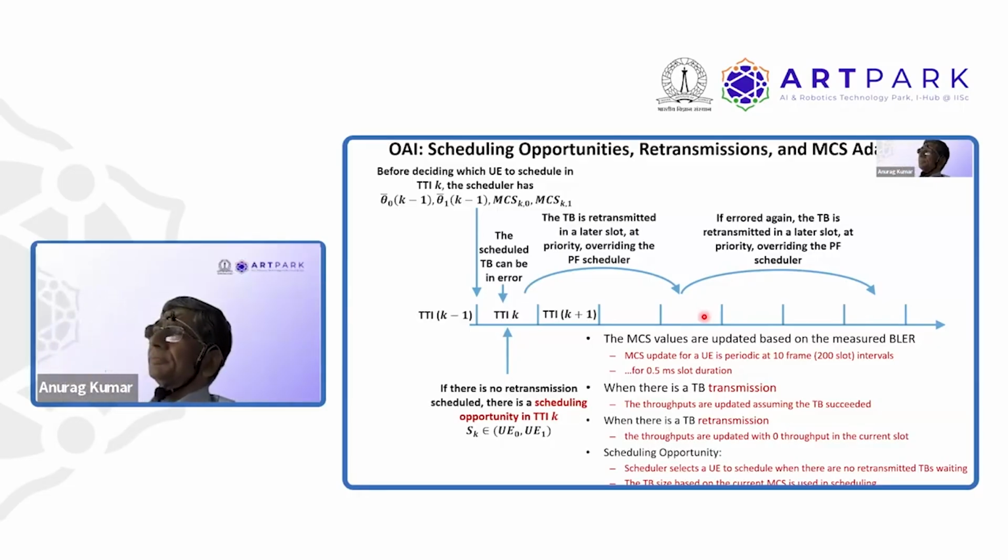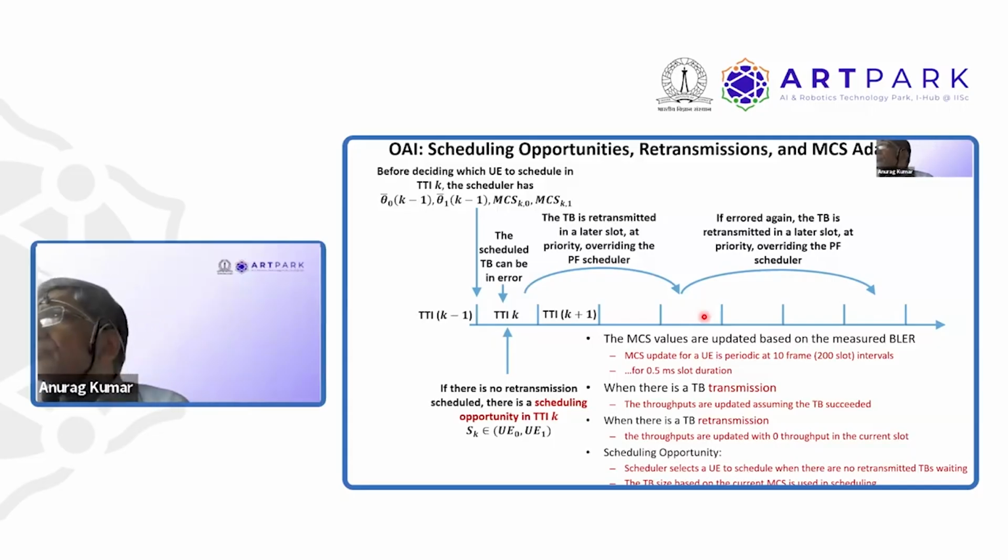The problem here is that from Release 17 onwards, we have to puncture URLLC traffic in a millisecond. Because of that, the eMBB traffic goes into this sort of problem.